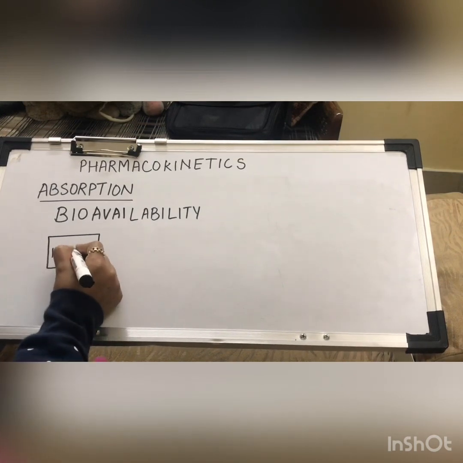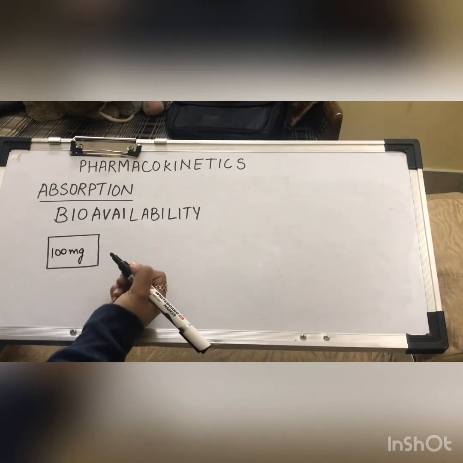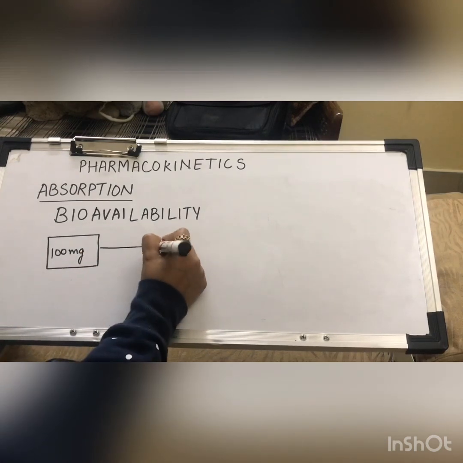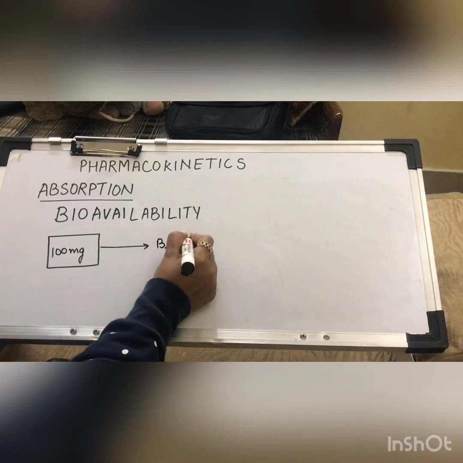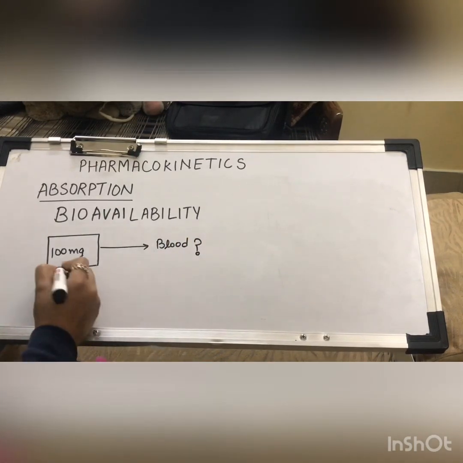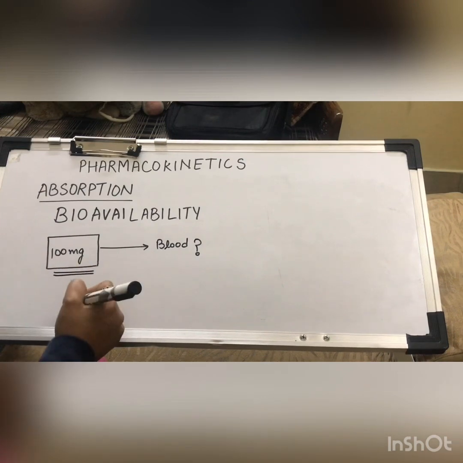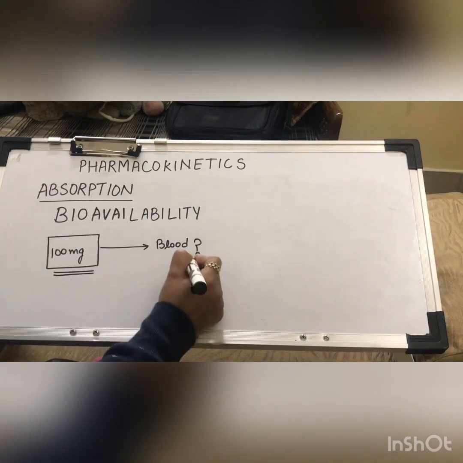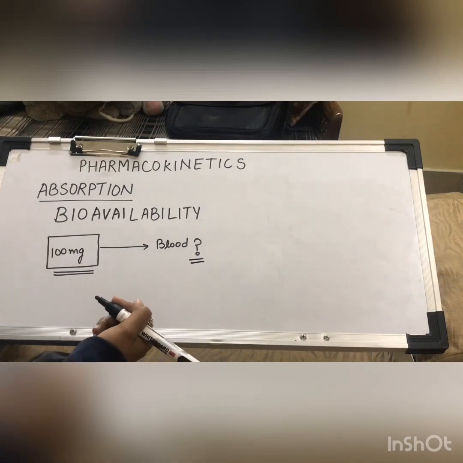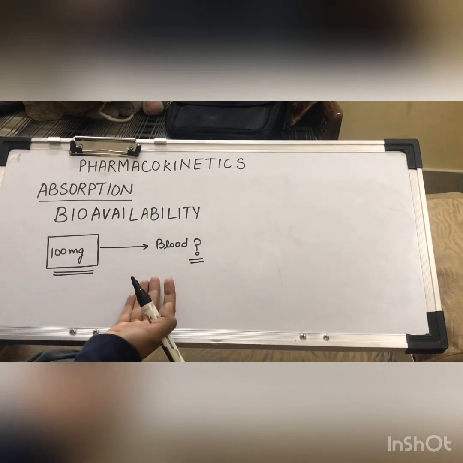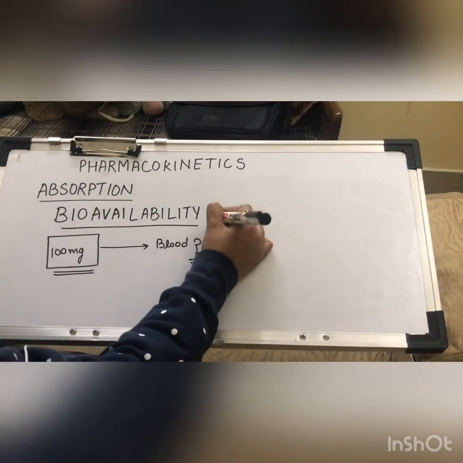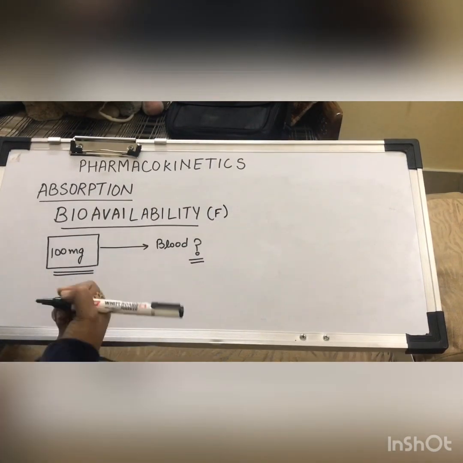For example, if we are giving 100 mg of drug, how much of this 100 mg is being transported into the blood? Whether this 100 mg is completely transported or how much amount is being transported. This is known as bioavailability, which is denoted with F.